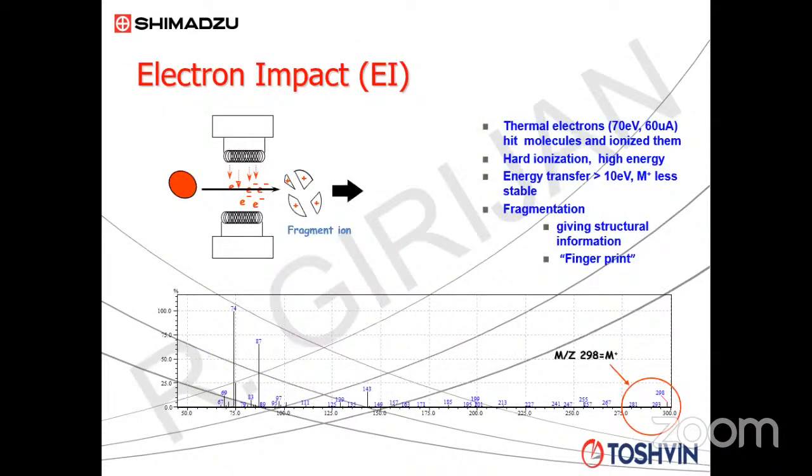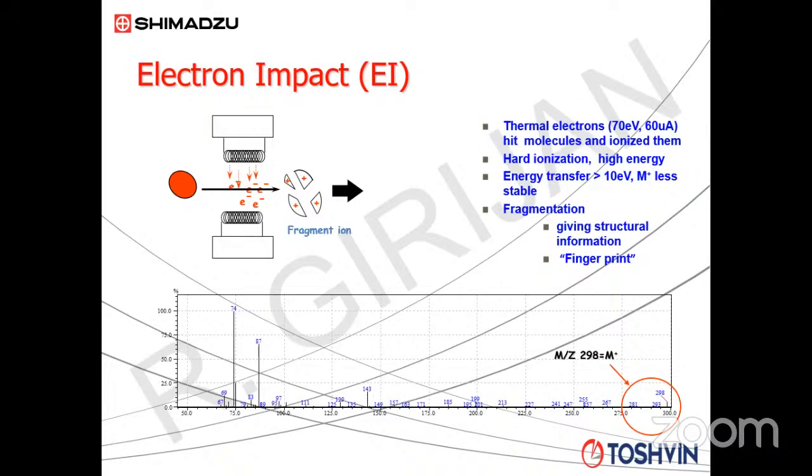So, electron impact ionization: the compound is coming from the column. You can see the compound is represented as a red color sphere. That's a molecule that is coming from the column. And when it is entering the ion source, the ion source contains two filaments. There is a filament at the top, there's a filament at the bottom.